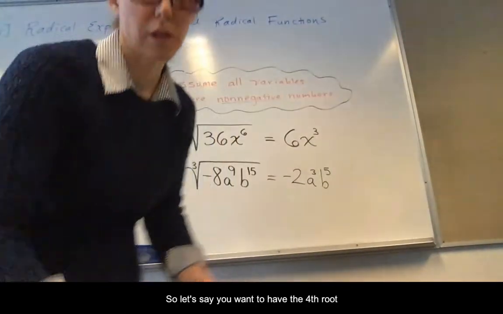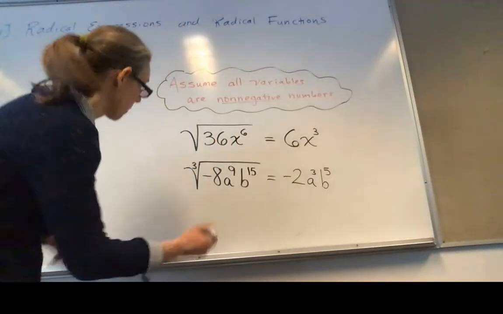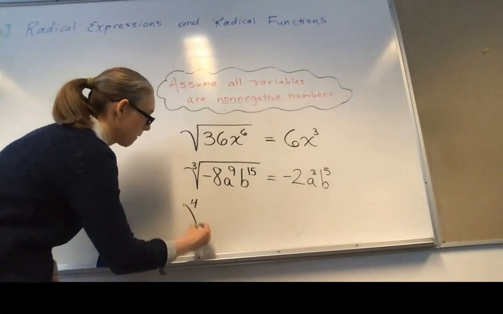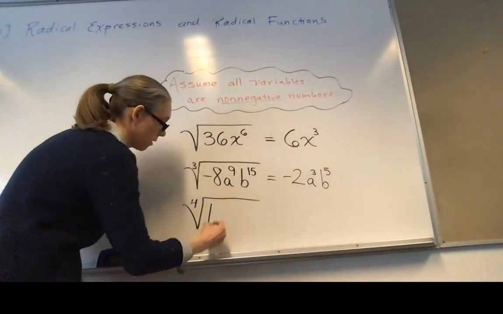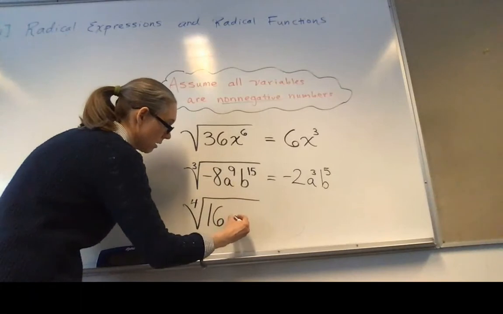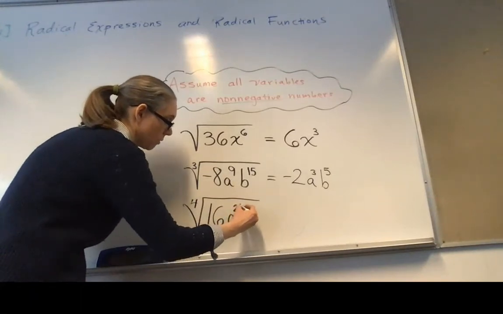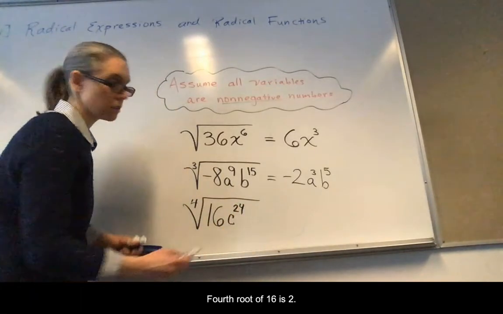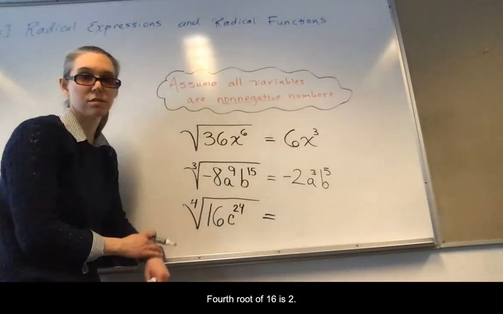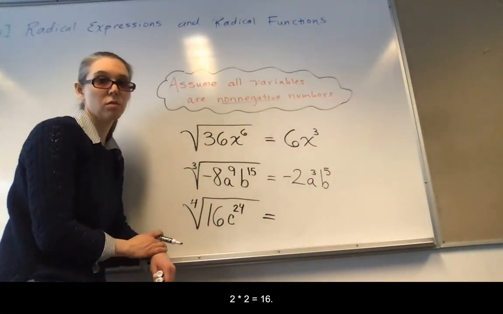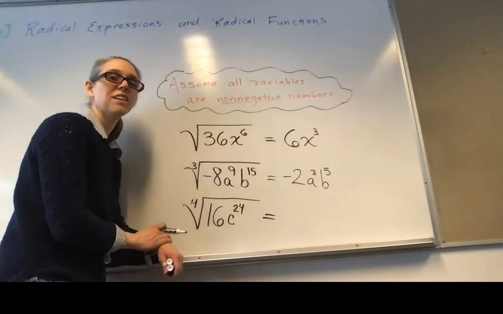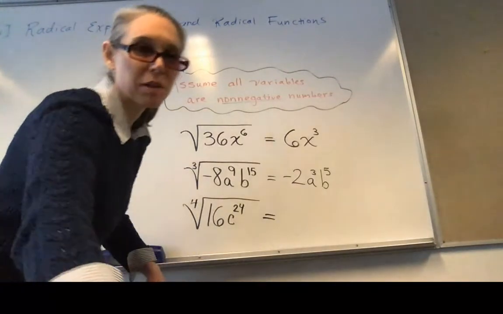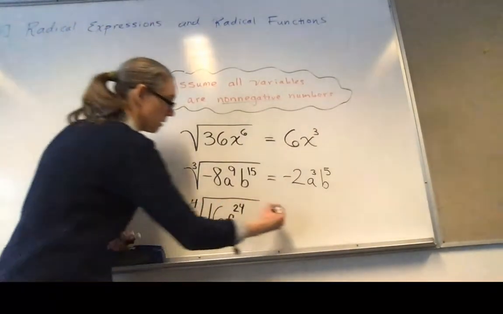So let's say you want to have the fourth root of 16c to the 24th. Okay, so the fourth root of 16 is 2, because 2 times 2 times 2 times 2, multiplied 4 times, is going to be 16.